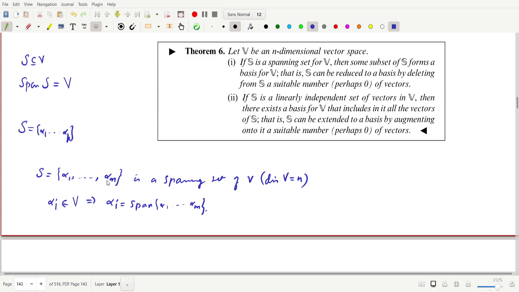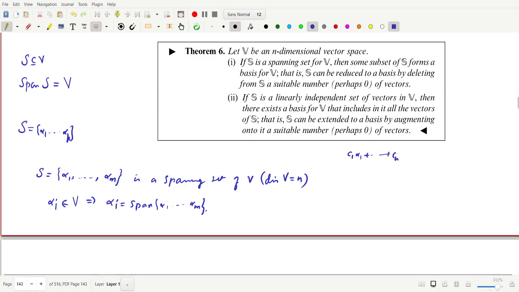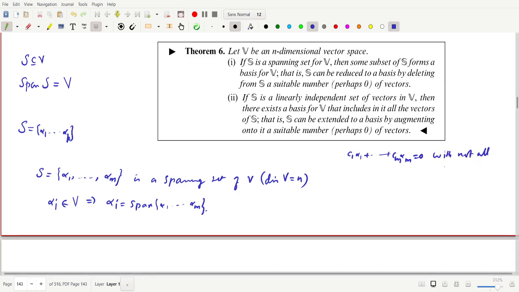Okay, if this is not linearly independent, you can say that one of them can be expressed as a linear combination of the others. So if this is not linearly independent, we can collect an alpha k that can be expressed in terms of the others. First of all, you can write c1 alpha 1 plus etc. cm alpha m equal to 0 with not all ci equal to 0.